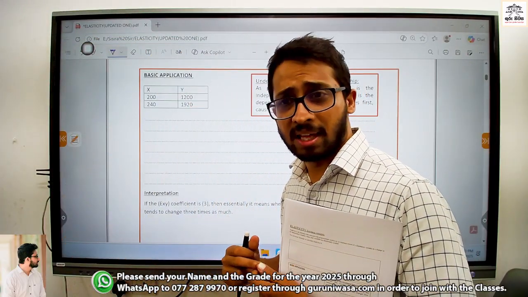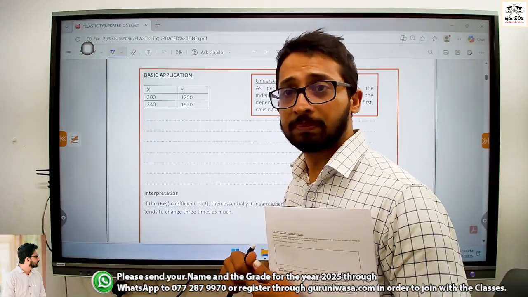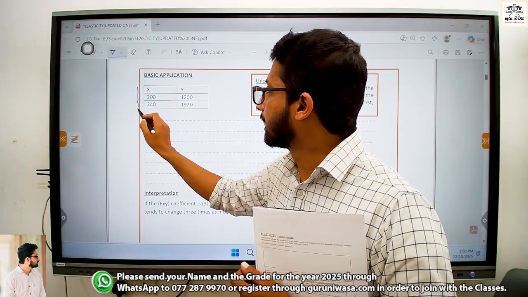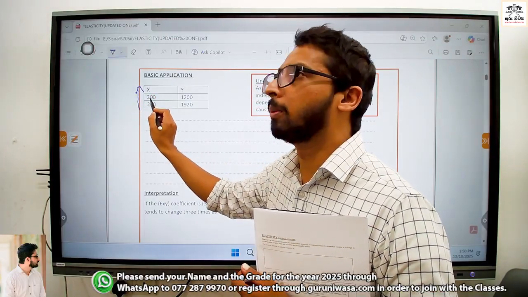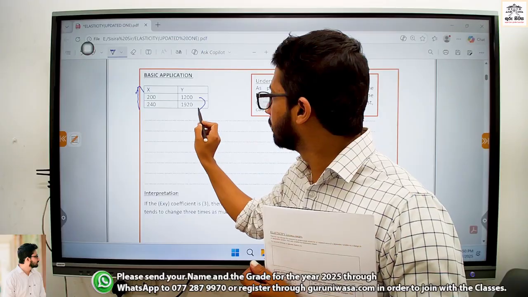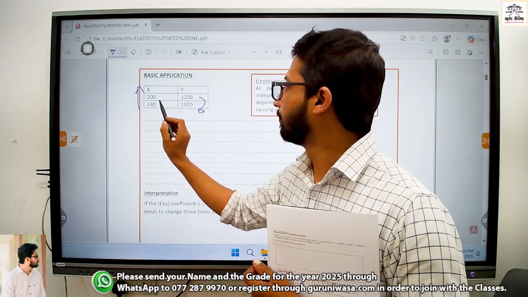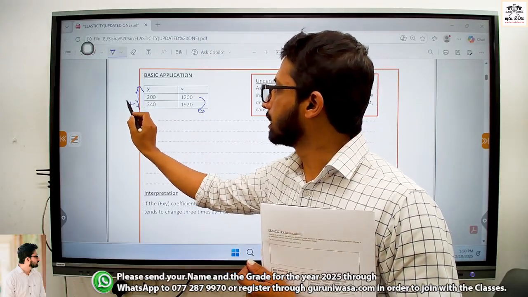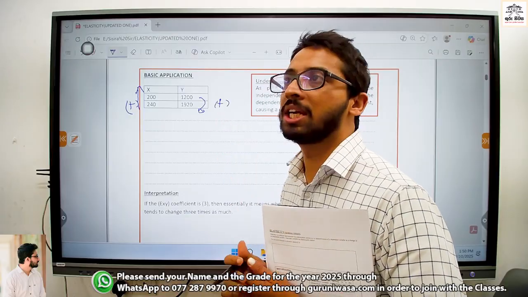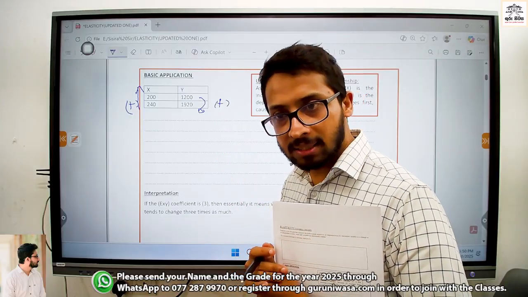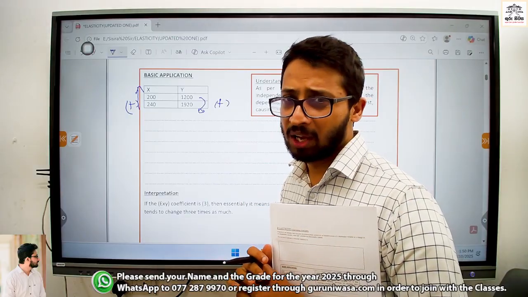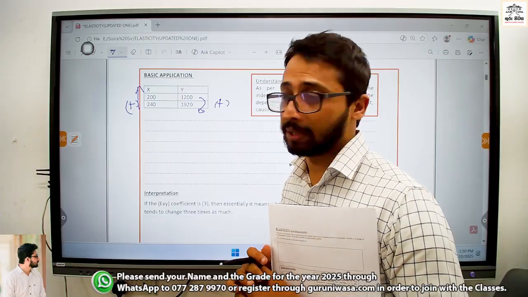Here the x variable increases from 200 to 240, and the y variable also increases. When x rises, y also rises. These relationships are called direct or positive relationships.